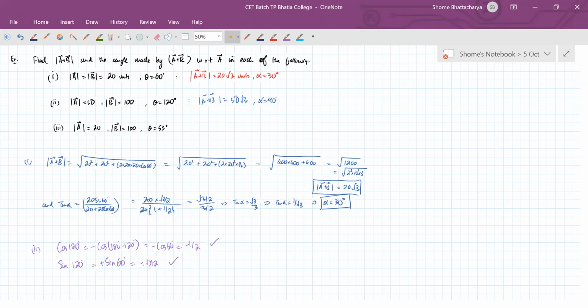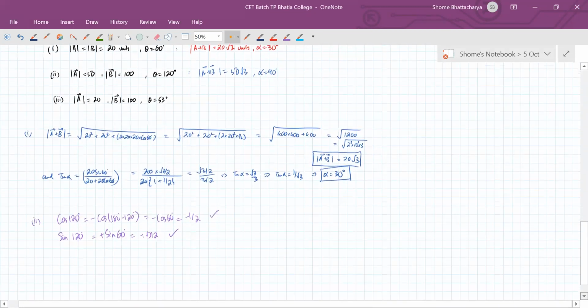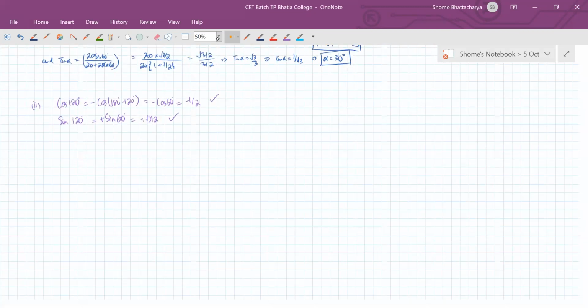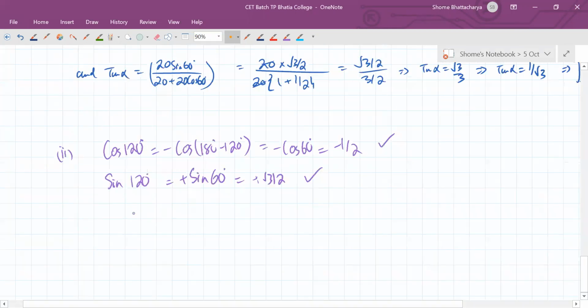Okay, so third one is also correct, Nadeep. Second one, still many of you are not getting correct, so I'll just work out the steps. So second question, magnitude of the vector A was 50 and the vector B was 100 and the angle between them was 120 degrees.